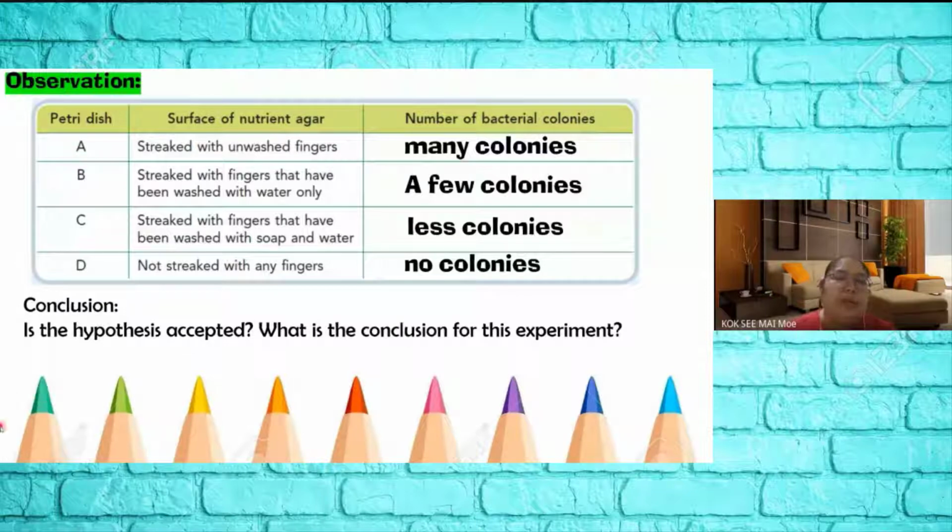So from here, we go to answer the conclusion. Is the hypothesis accepted? I know we accepted, but we mention it later. First, the conclusion of this experiment. So the conclusion from the table, what do you get?